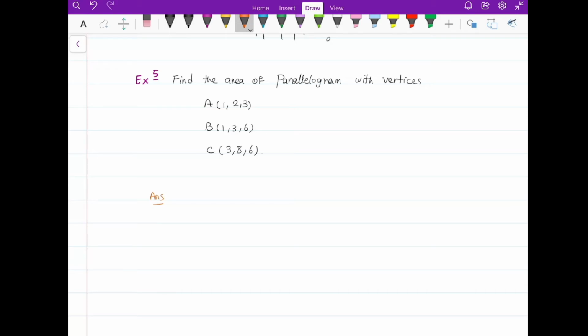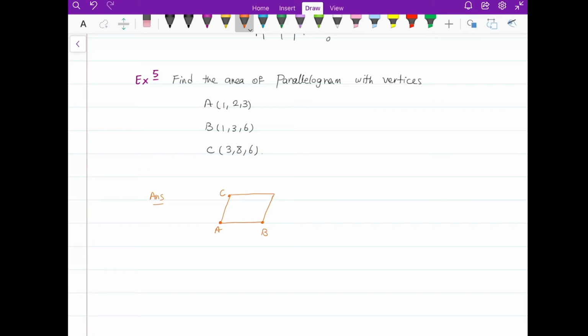So I have 3 points, A, B, and C, and I want to find the area of the parallelogram that's made by these points.